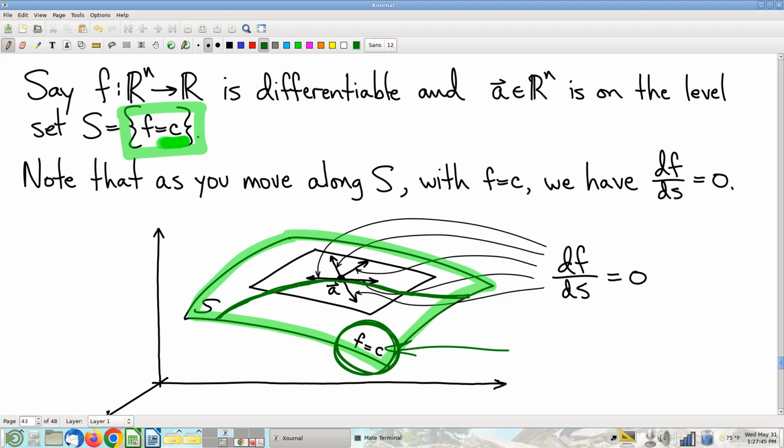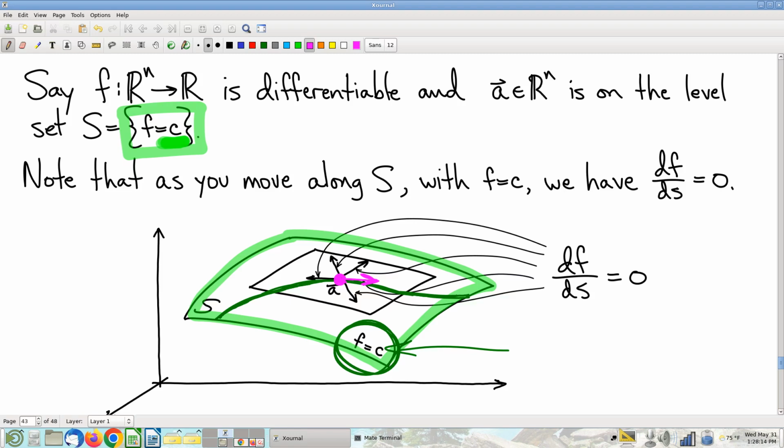Now, another way to say that is, as I am at this point and moving along the curve, the function's not changing. Let me say that a little bit differently. As I am at this point and moving with this velocity, that being the tangent vector to the curve, the function is not changing. Of course it's not changing. The value of the function is constant. I'm on the level set.